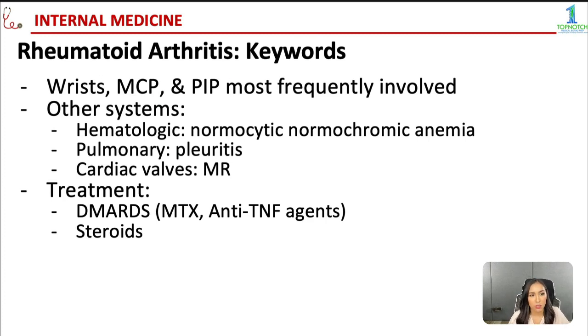Other systems, hematologic, mga normocytic normochromic anemia, pulmonary, pleuritis, cardiac valves, usually mitral regurg. Treatment, DMARDs, including yung mga conventional, methotrexate, and yung mga biologics, yung mga anti-TNF agents. And also, of course, your steroids.